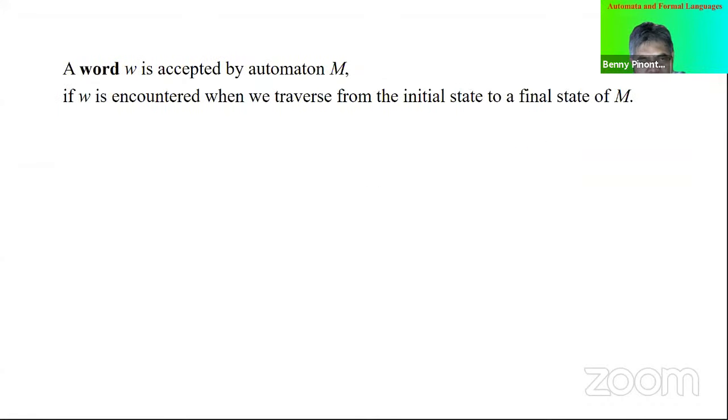Now, what is a word or string? A word or string is said to be accepted by the automaton M if that word is encountered when we traverse from the initial state to a final state. Not the final state, because there can be more than one.